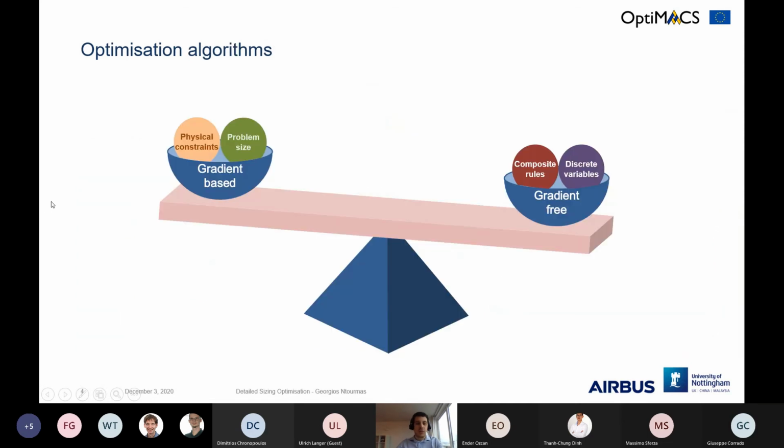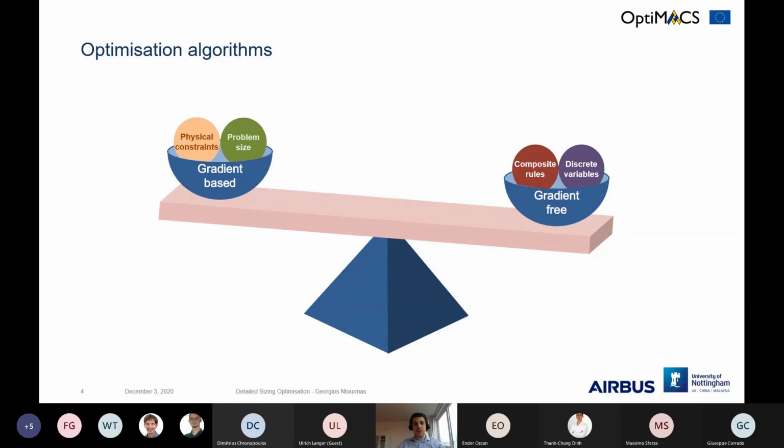But what about the optimization algorithm that we choose to solve this problem? We can differentiate between 2 big categories here. On the one hand, we have gradient-based algorithms which work very well with the size of our problem and with the physical constraints which need to be evaluated with the finite element model evaluations, which are quite expensive.